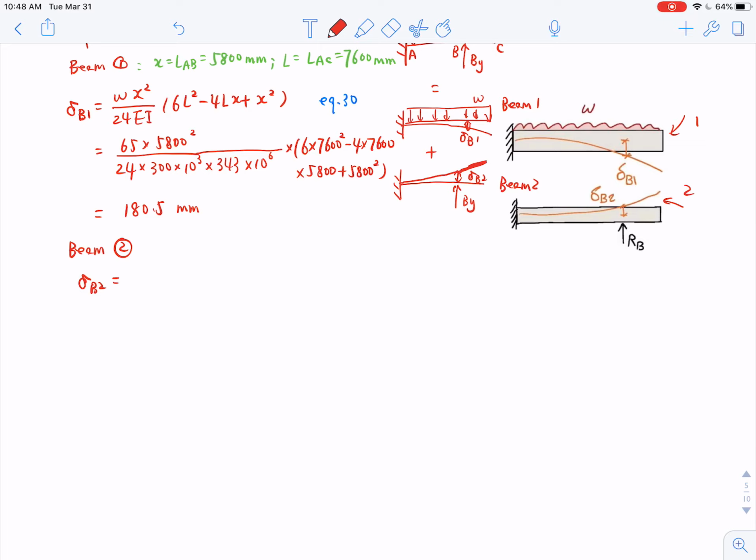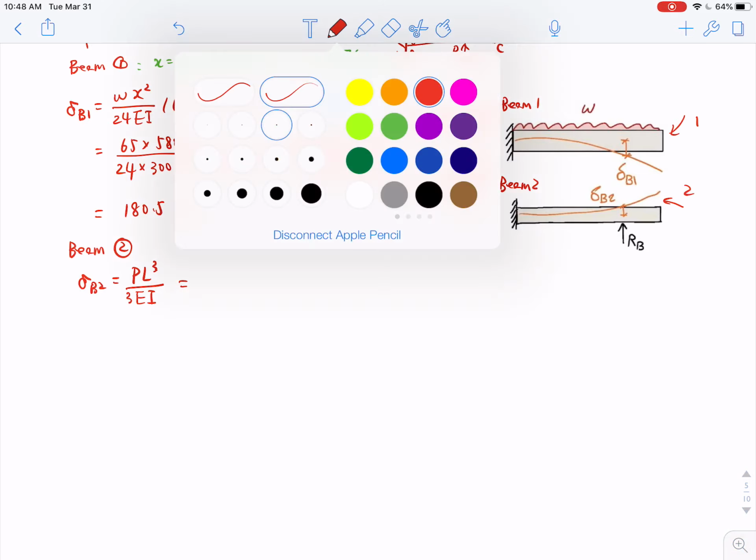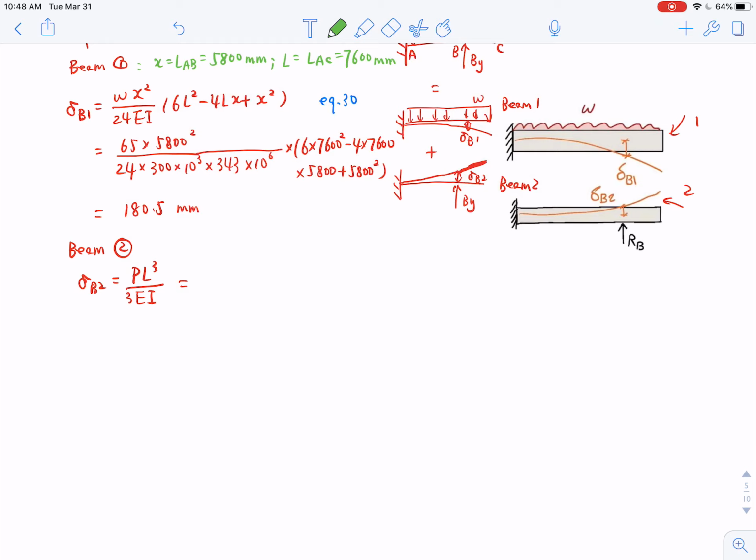So this is PL cube over 3EI. And in this case, the P, of course, will be BY, and the L is LAB. Right, it is 5,800 millimeter.